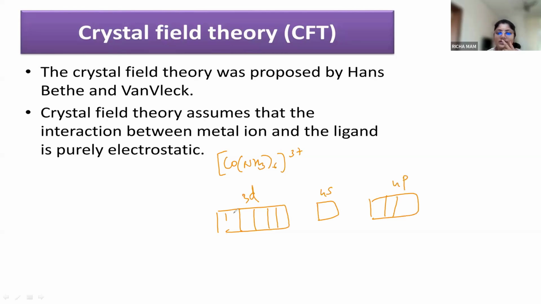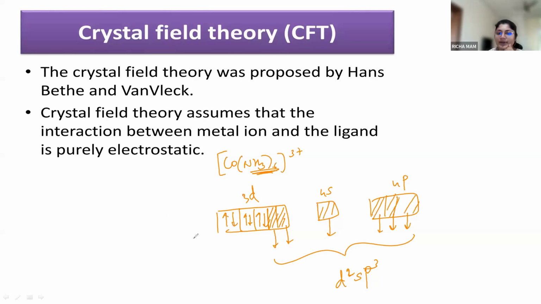So 6 electrons, electron pairing takes place, and we make 6 ligand orbitals vacant: 1, 2, 3, 4, 5 and 6. So what is the hybridization shown by this complex? d2sp3, because we are making use of two d orbitals: d2, s is 1, and p is 3, so it is sp3.